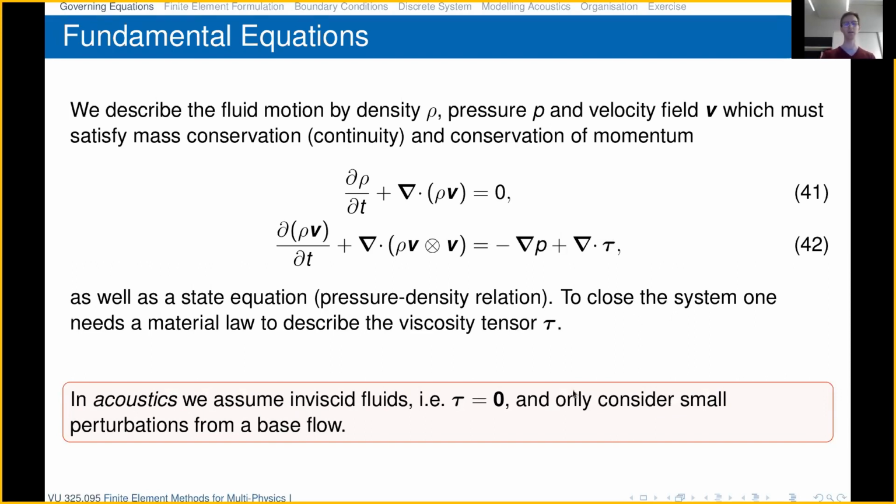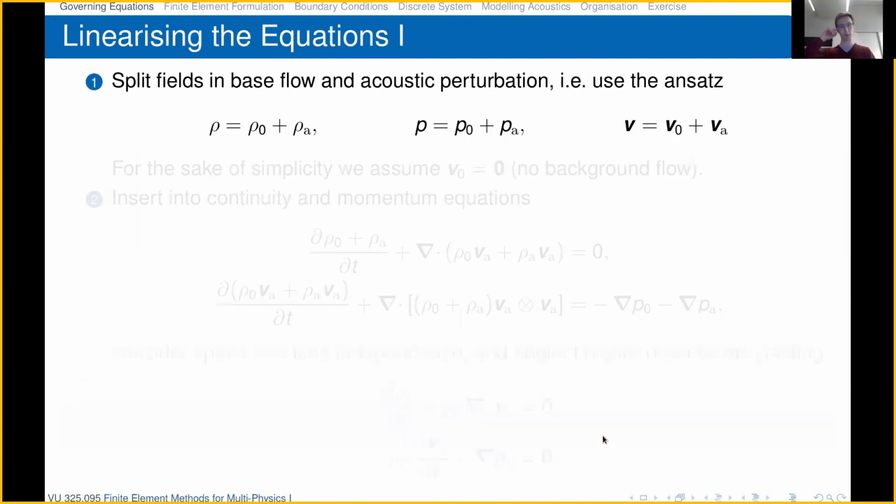And the second important assumption in acoustics is we only consider small perturbations from the base flow. So in order to derive our acoustic equations, we'll take the general equations and linearize them using a perturbation ansatz. Let's look how this works. We want to linearize our equations.